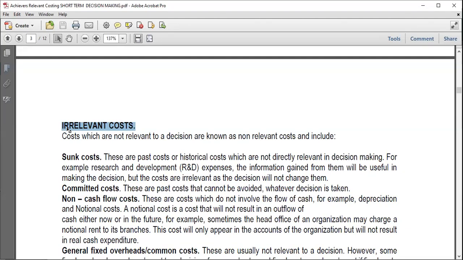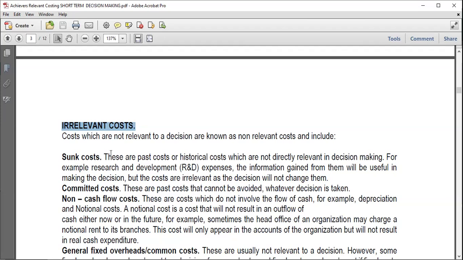You don't consider them. The reason is that these will remain the same, whether you make the decision or not. You get it? So it's important to have that in mind.